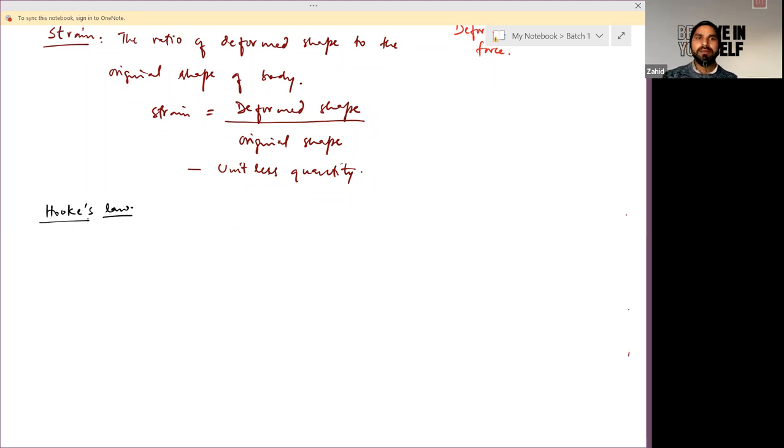It loses some of its elasticity. That's why temperature should be constant.